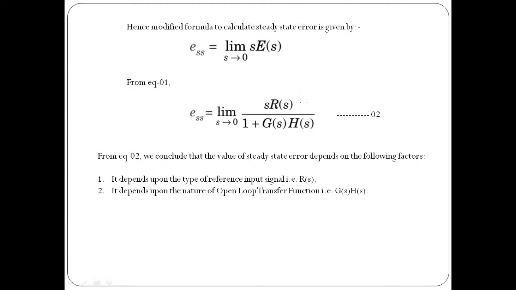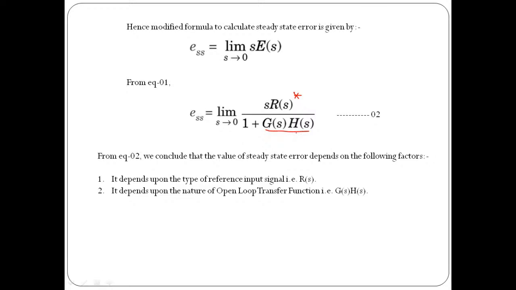From equation number 2, it is very clear that the value of steady state error depends on two main factors. Number one, the nature of the input signal, that is R(s). And number two, the nature of the open loop transfer function, which is G(s) into H(s).